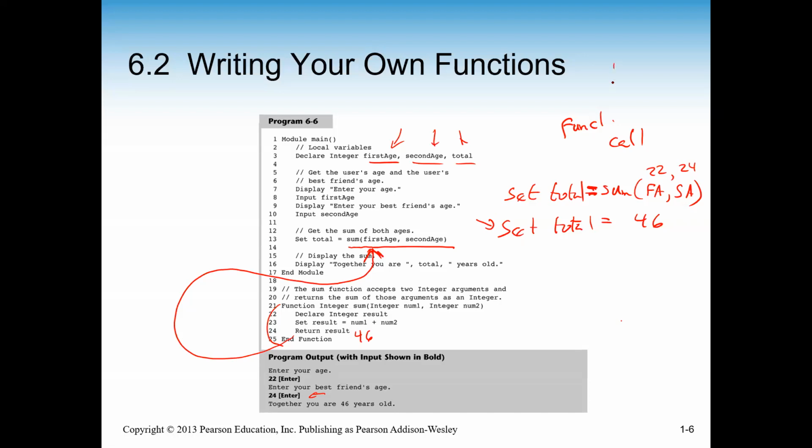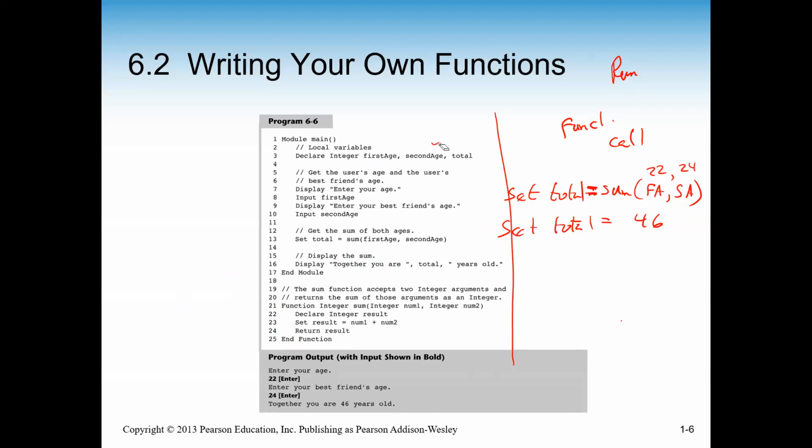This is during runtime, right? When it's executing. Does the code actually magically convert itself to a 46? No. I'm talking about execution-wise. That's how you can think of functions. Do you see that? Are there any questions?